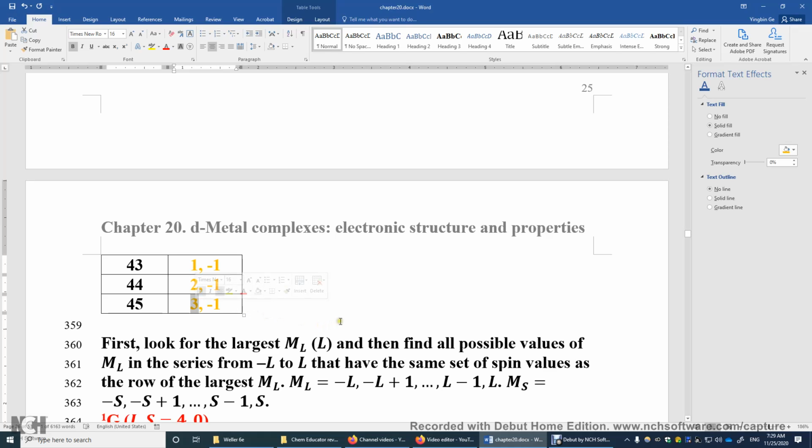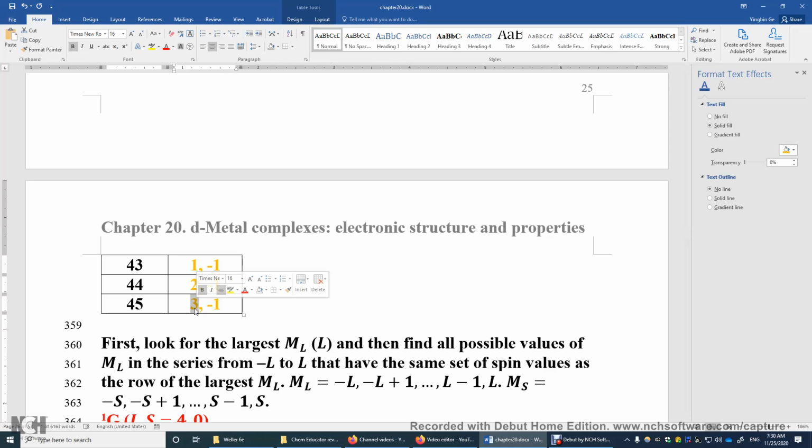Now let's look at some other rows and see if we can find a series of m sub L as well. The largest value of m sub L is 3, that means L is 3.